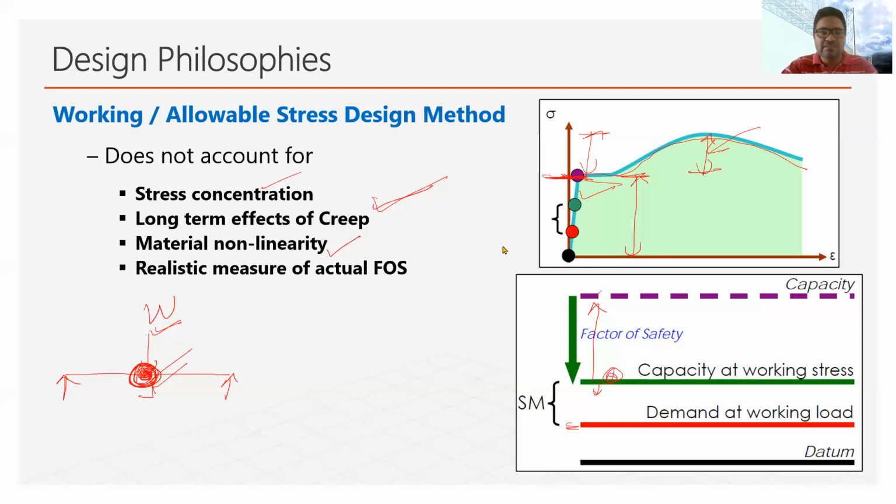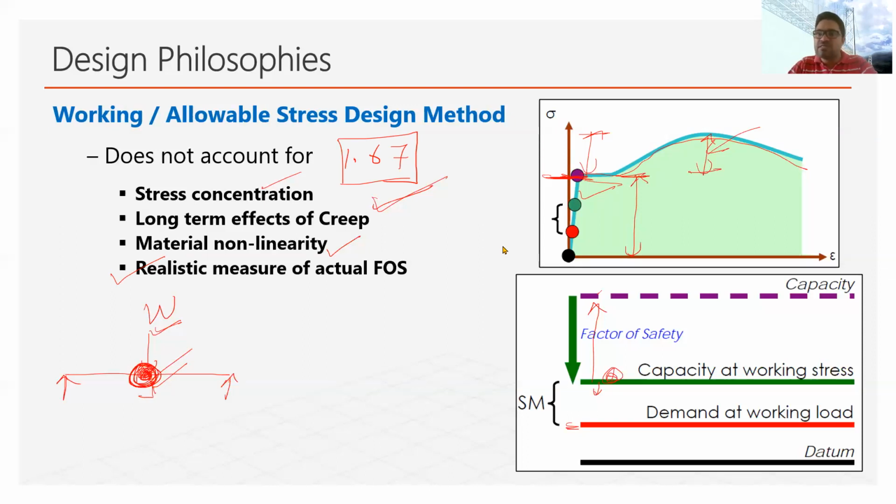Similarly, another problem which working stress has is the lack of a realistic measure of the actual factor of safety. As I said, the factor of safety that we use for the working stress method is 1.67, and we apply this factor of safety on the strength of the material.